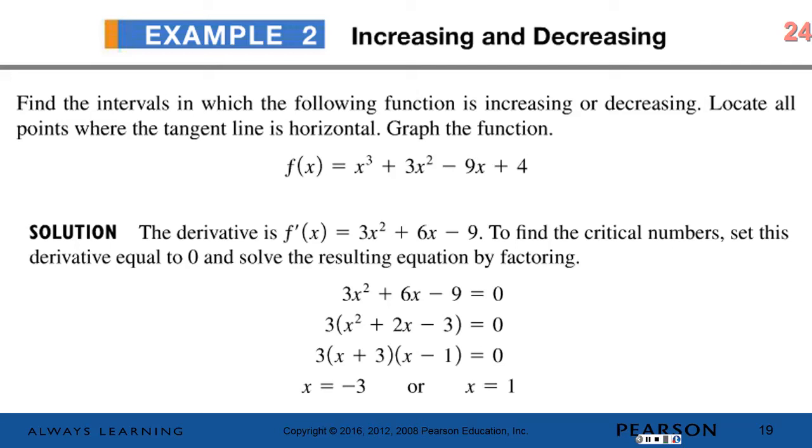Drop the 2 down in front of the 3, 2 times 3 is 6, times x to the first power. And then the 1 that's the exponent on the negative 9x: 1 times negative 9 stays negative 9, but 1 minus 1 is x to the 0, so the x drops out, and the derivative of the 4 is 0.